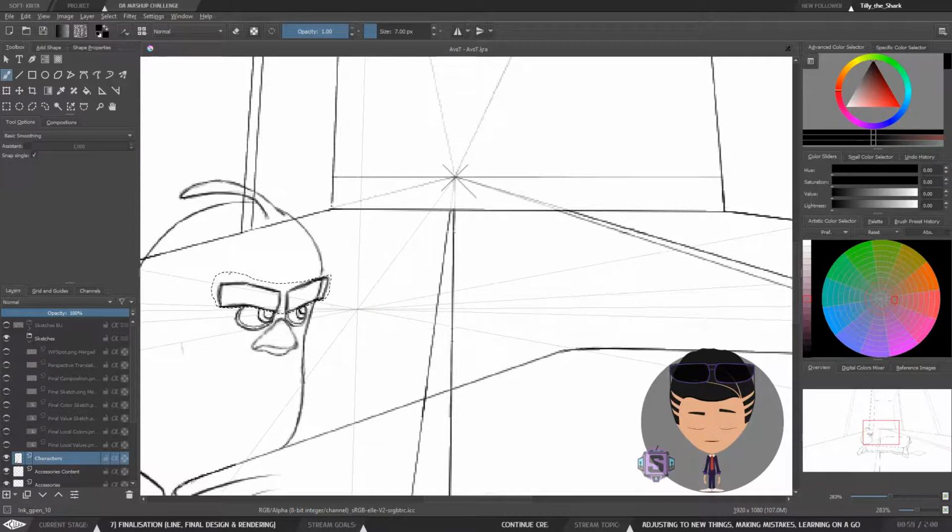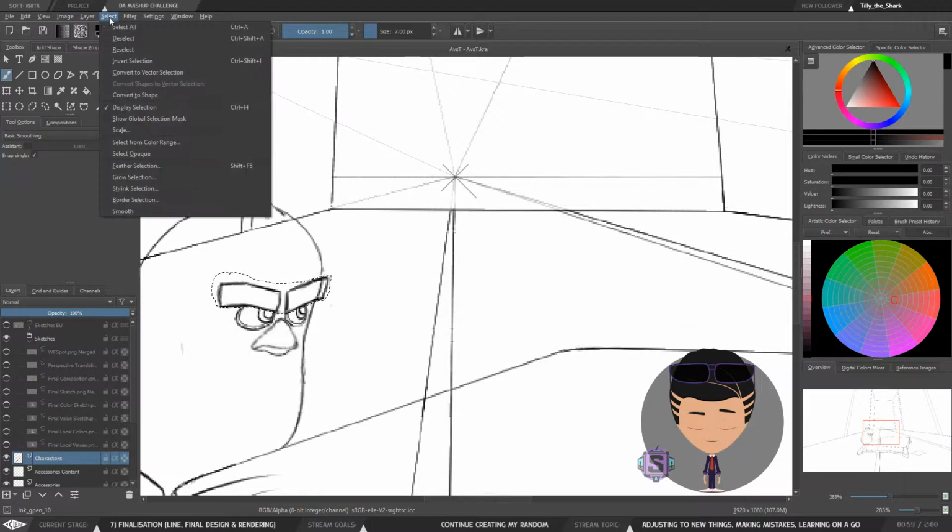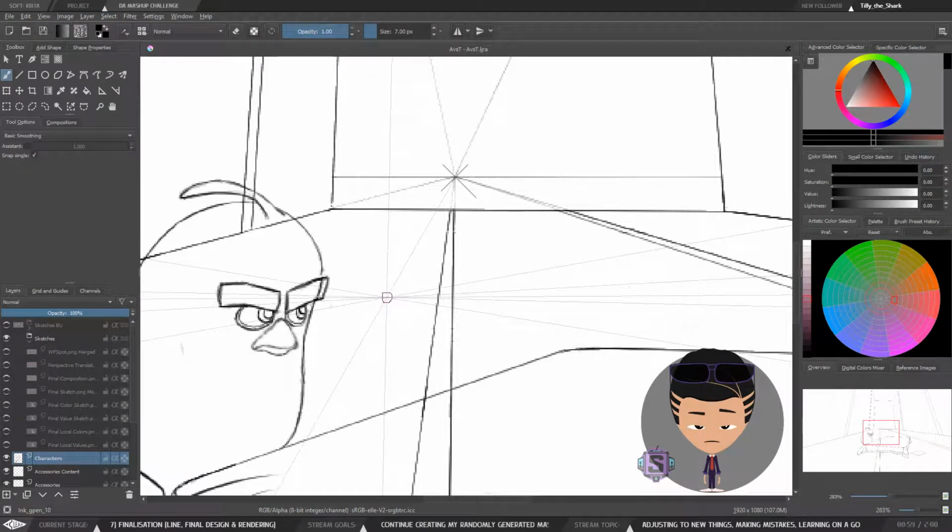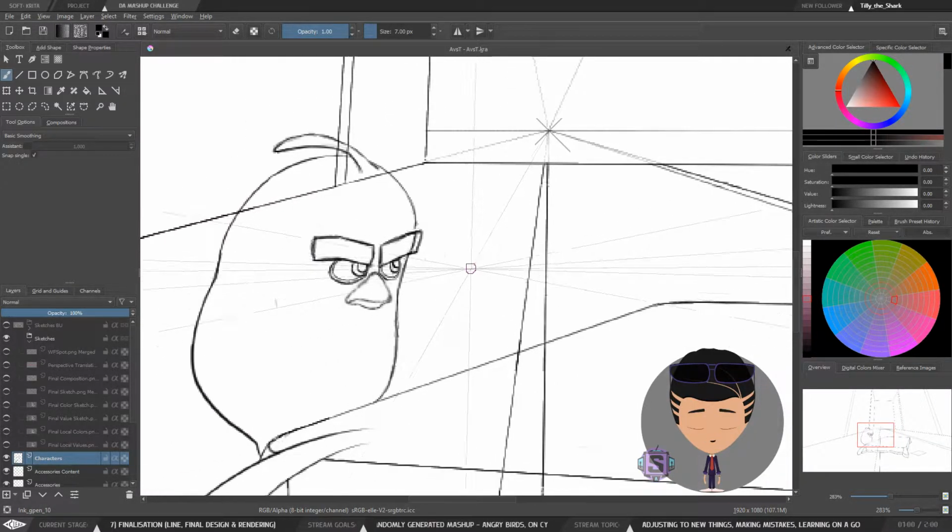Before, after, before, after. Let's get rid of the selection, display selection to see the difference. So, before, after. So again, this looks not that tense.